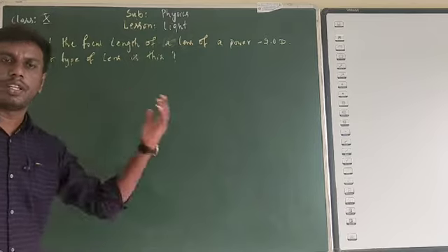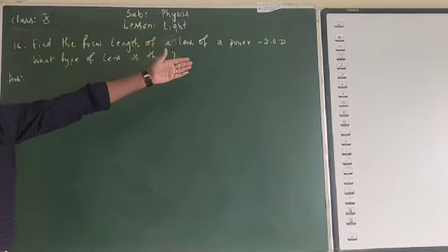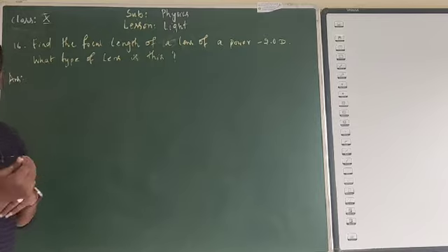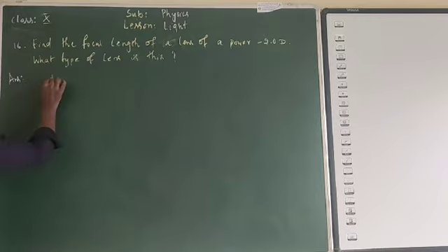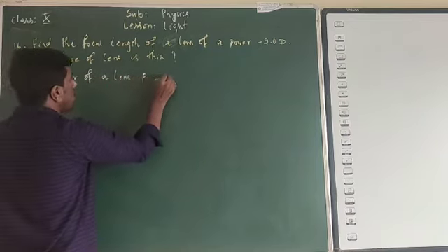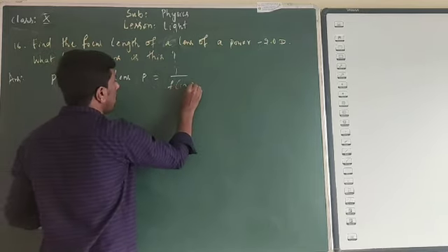We have already done the power of a lens concept. Here they have given the power, and we should find the focal length. What is the relationship between power and focal length? We know that the power of a lens P is equal to 1 by focal length in meters, right?